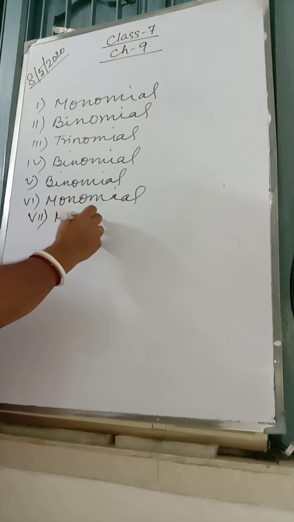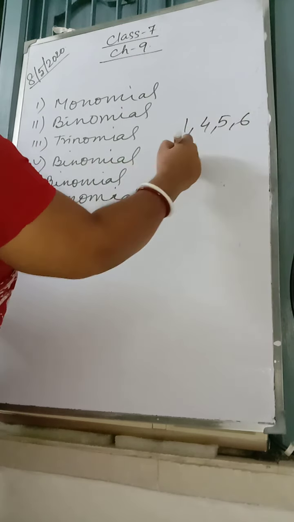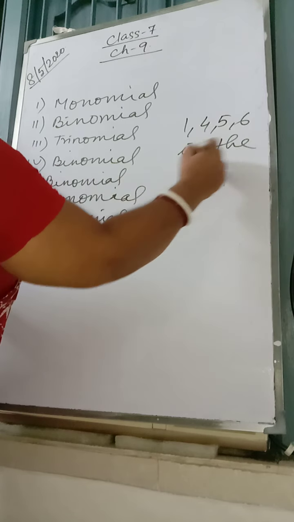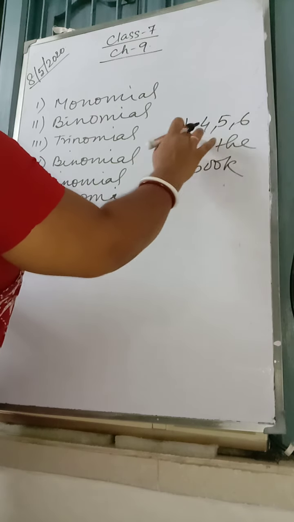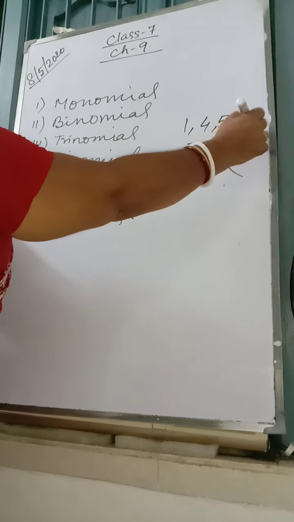Is it? That is also in the book. So you have got 1, 4, 5, 6 in the book. So 2 and 3 already you have written in the copy. 1, 4, 5, 6 in the book. Now 7 also in the book.